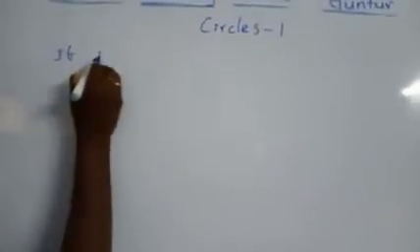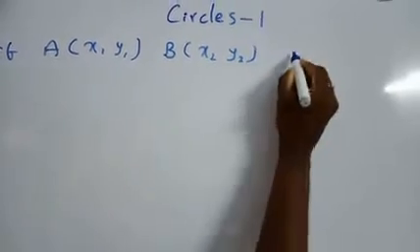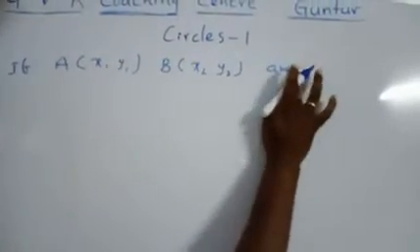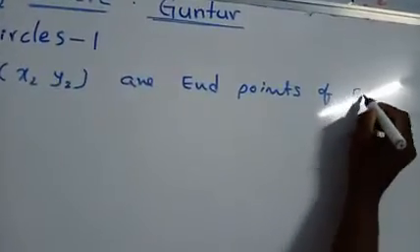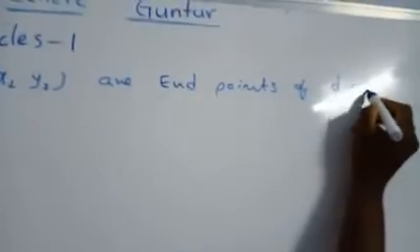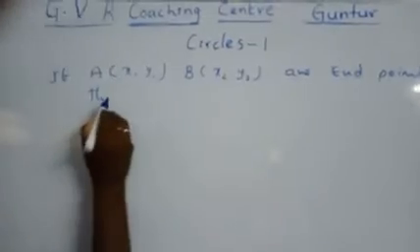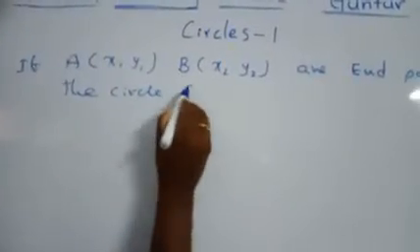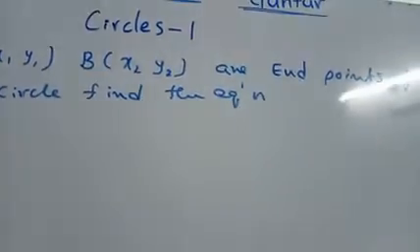If A of x1 comma y1, B of x2 comma y2 are endpoints of the diameter of the circle, find the equation. Like this they are asking.